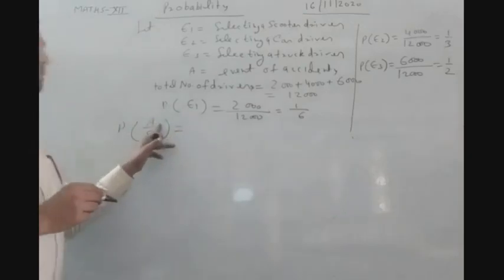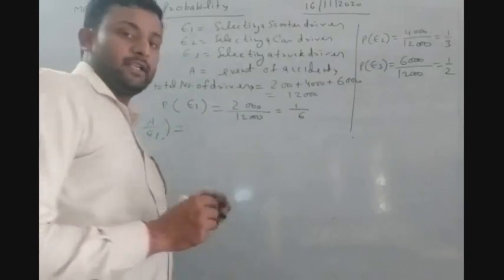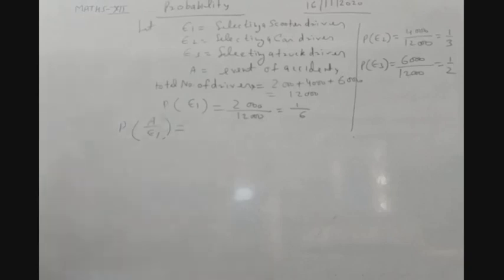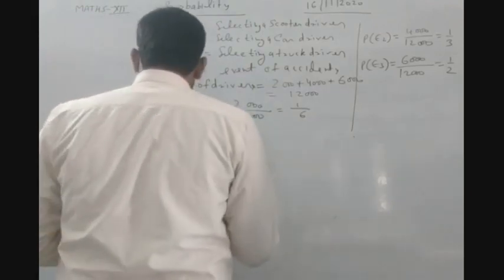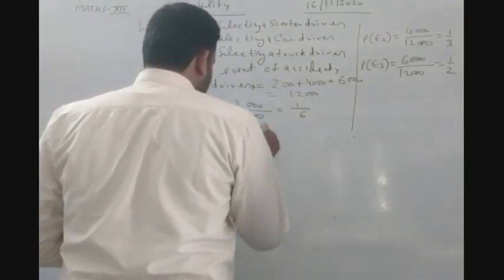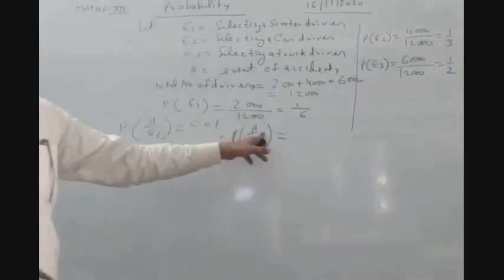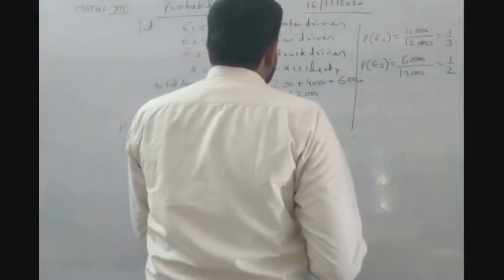Okay. Now we have given the probability of A by E1, that is probability of getting an accident when it is a driver of a scooter. It is given in the question that probability of A by E1 is 0.01. And again probability of A by E2 is given, which is probability of an accident when it is a car driver.